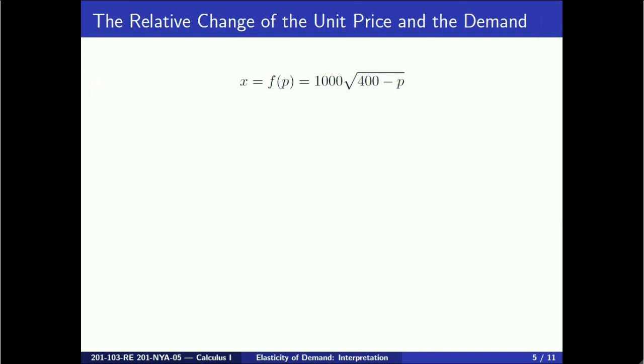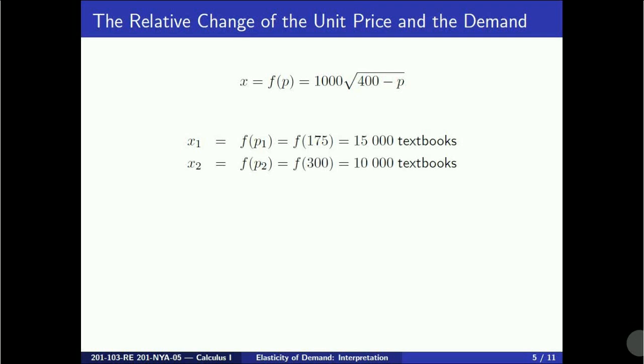Let P1 be the initial unit price. So replacing P by P1, which is $175, gives that X1 is F of 175, and that gives a demand of 15,000 textbooks. Using 300 for P2 gives a demand X2 of 10,000 textbooks.